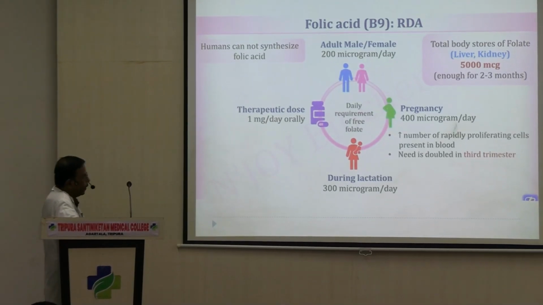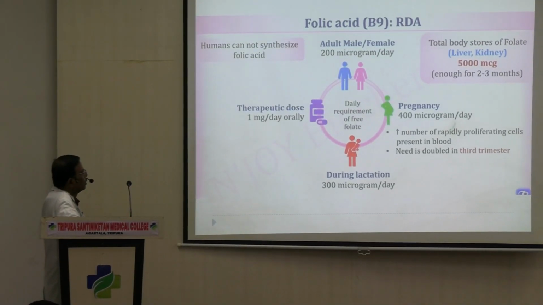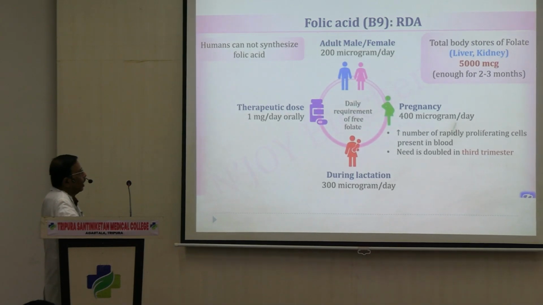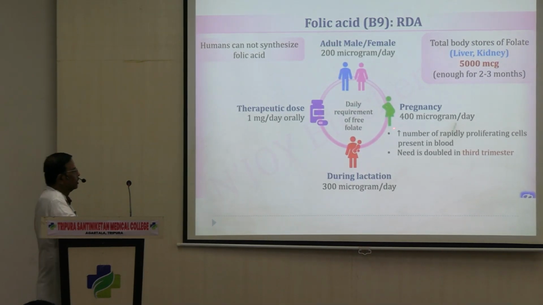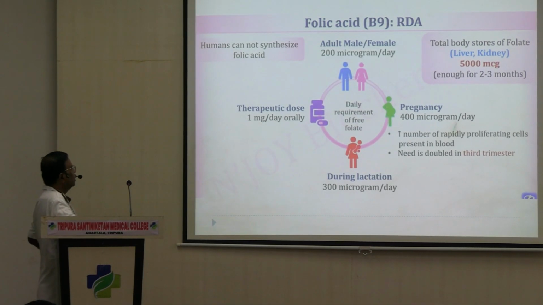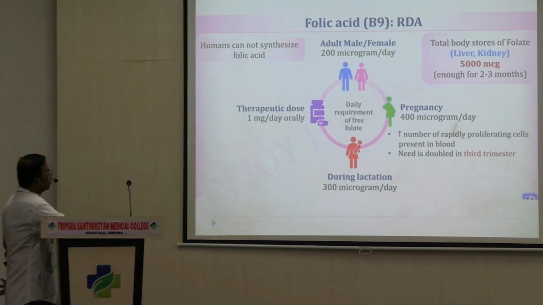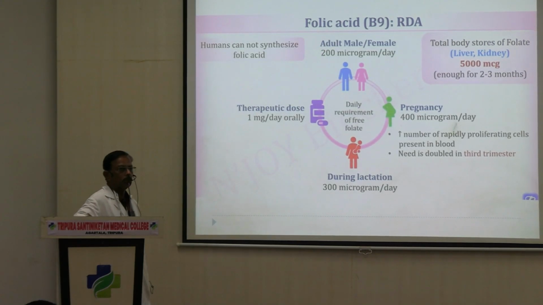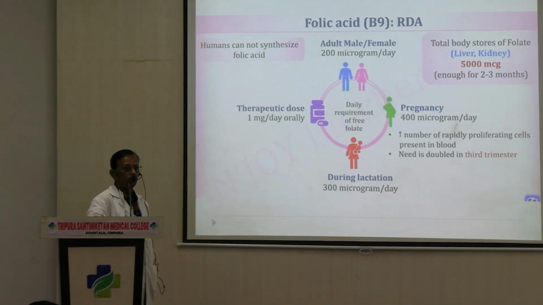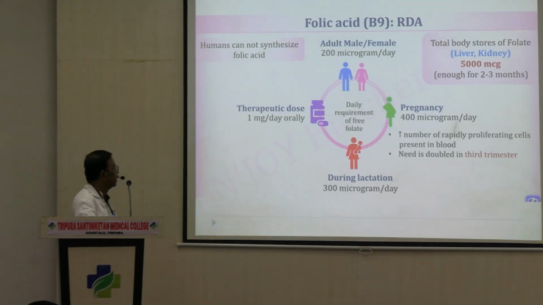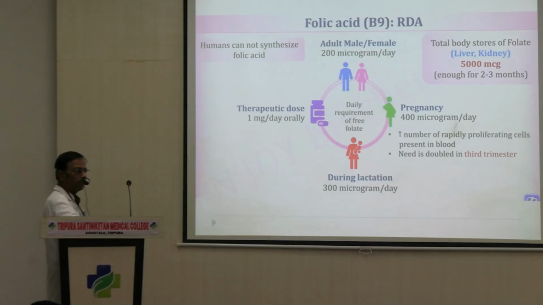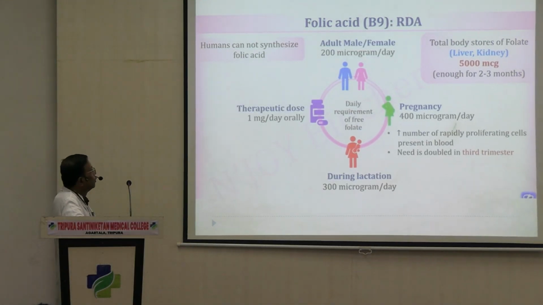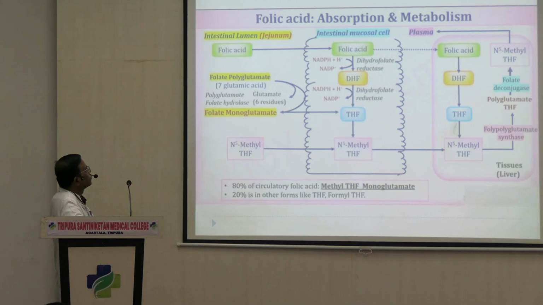RDA for adult is 200 microgram per day and needs to increase in pregnancy and lactation. When therapeutic dose is given, it is 1 milligram per day, but actually it is given more than 5 milligram per day. Sometimes 5 milligram, sometimes 10 milligram. There is a reason why it is given like that.